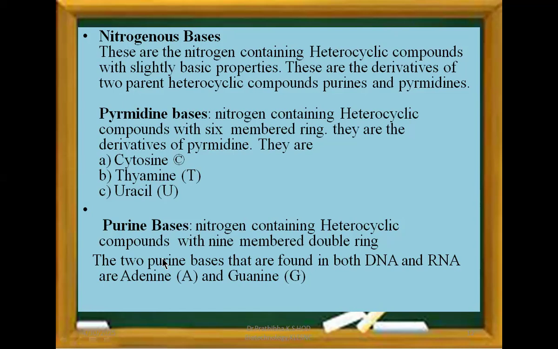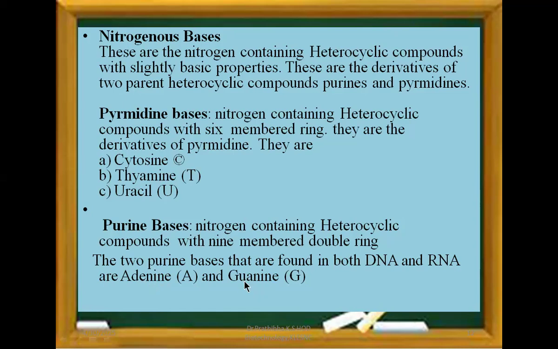If anybody asks what are purine bases, purine bases are nitrogen-containing heterocyclic compounds with a 9-membered double ring, whereas pyrimidines are a single ring, with a 6-membered ring. The two purine bases found in both DNA and RNA are adenine and guanine.